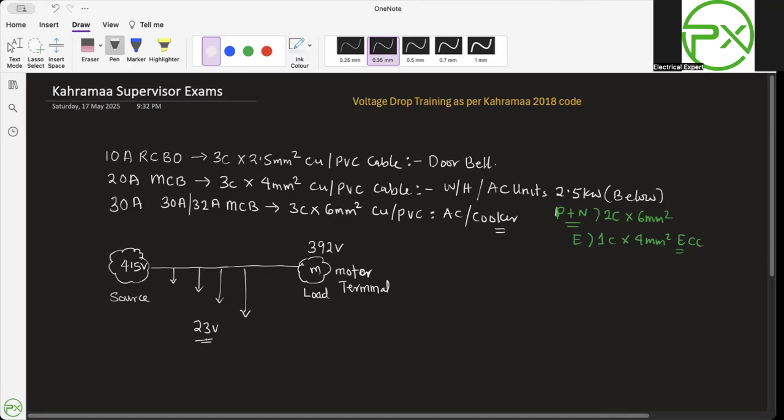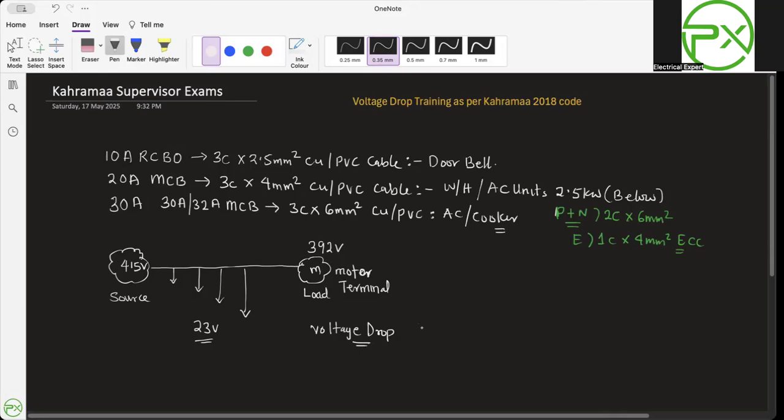So this 23 volts lost in the cable is called voltage drop. This 23 volts lost in the cable is called what? Voltage drop.